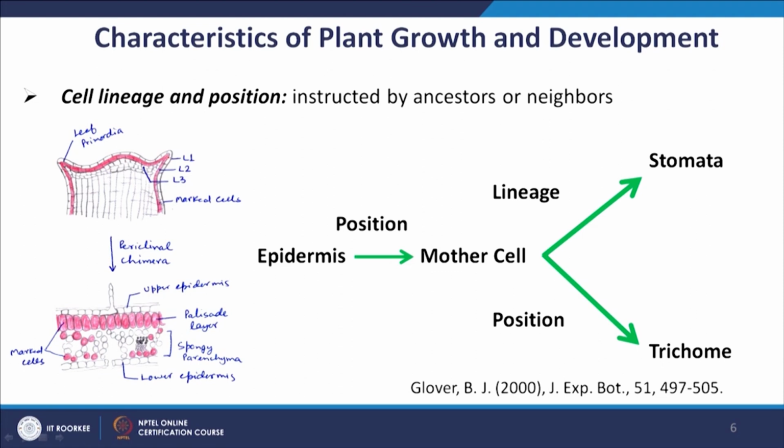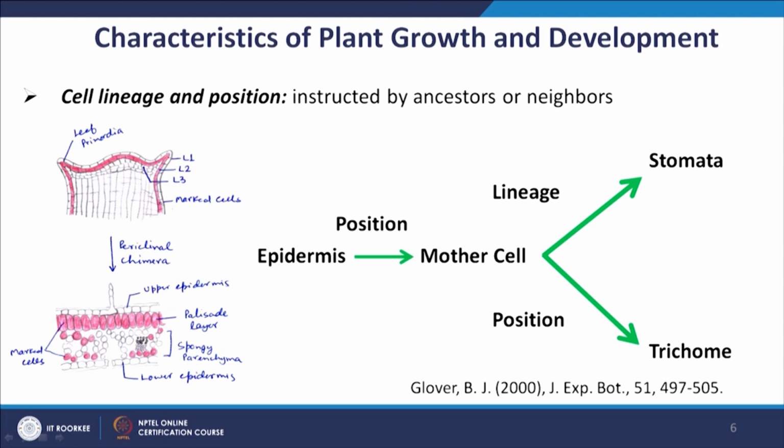For example, if you look at the specification of the mother cell for the stomata or the mother cell for the trichome. In the leaf epidermis, there are 3 types of cells: pavement cells, the cells which are going to make stomata, or the cells which are going to make trichome.